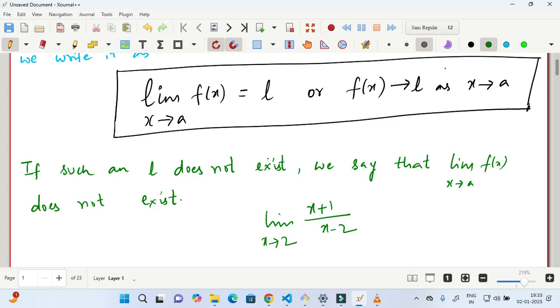If you directly substitute x, 2 plus 1 by 2 minus 2, x is tending to 2 and this is 3 by 0. 3 by 0 is infinite. So this f of x is tending to infinity. So we can say that at x tending to 2, the limit is not defined. It doesn't exist.